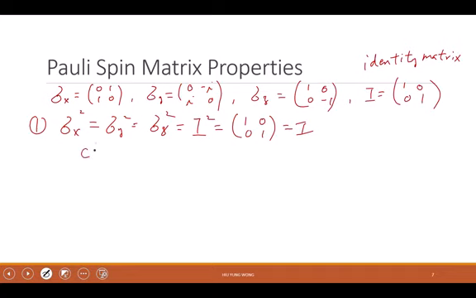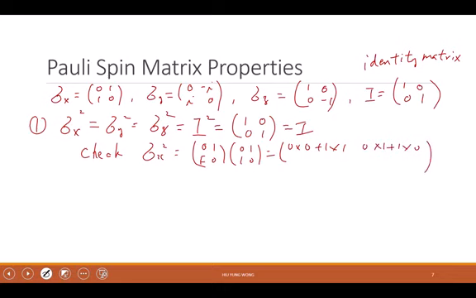Let's check, for example, what is sigma x squared? Well, 0, 1, 1, 0 times 0, 1, 1, 0. By definition of matrix multiplication, the first element is 0 times 0 plus 1 times 1. Then this row times this column, which is 0 times 1 plus 1 times 0, becomes the second element.